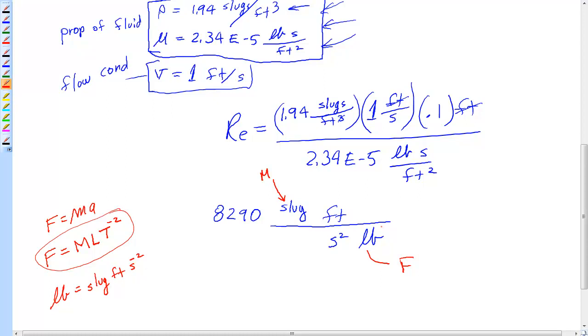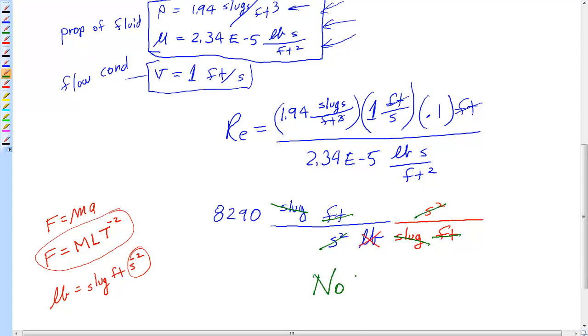So why don't we stick that in there? You put in here slug, carry this out, feet, and since this is second squared, you could put it up here. Then this slug cancels that slug, this foot cancels that foot, and that second squared cancels that second squared. So what you have is no units.